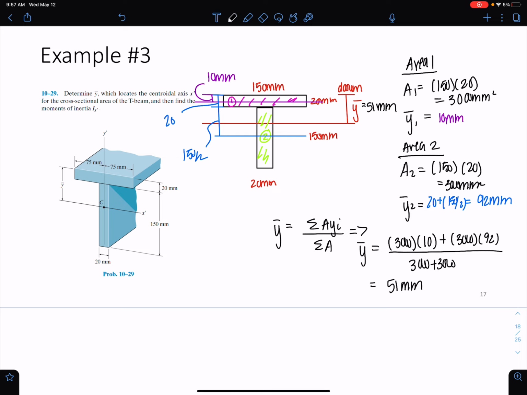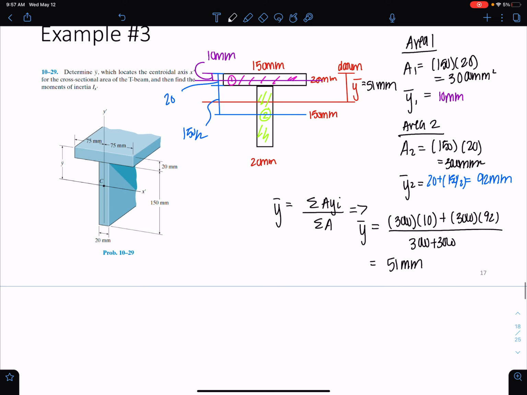Now our Ix is equal to 1 over 12 B1 H1 cubed plus parallel axis, plus the second area, 1 over 12 B2 H2 cubed plus parallel axis.